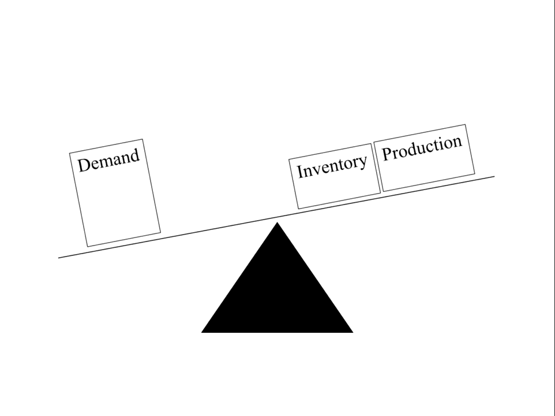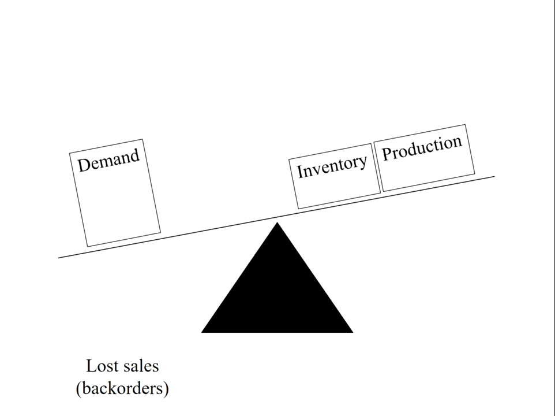We see those with Christmas type items, where artificial Christmas trees will be produced in the summer and shipped and stored either at the store or in a regional location, and then they're ready for the Christmas season. So we don't have to wait until December to make Christmas trees. We actually will make them in the summer so they're ready to deliver.